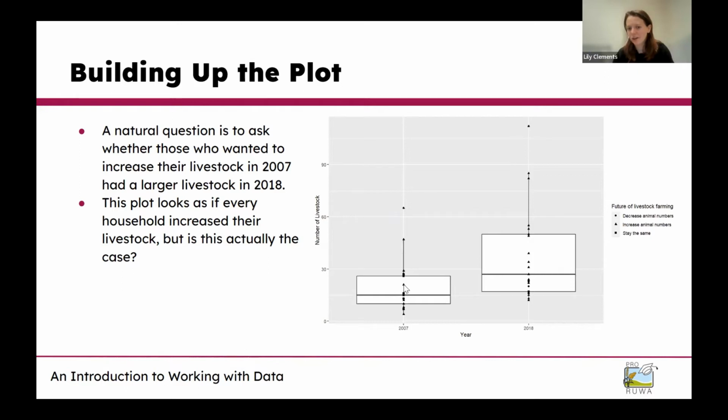I.e., is this triangle, this household here, which in 2007 had about 25 livestock and said that they want to increase, did they increase? Are they the person up here at over 100, or did they increase to around here at roughly 50? The plot looks to us as if every household has increased their livestock, but is this the case?